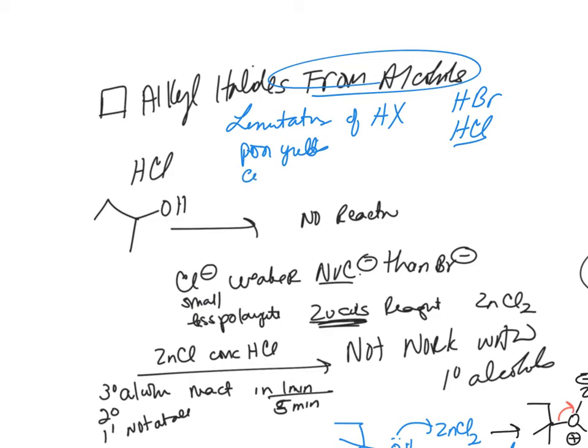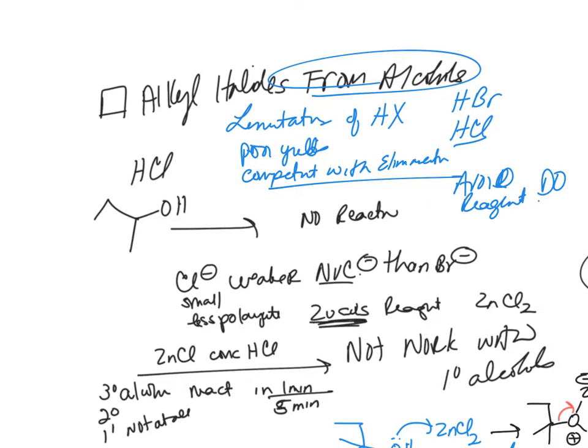Okay, and you also have competition with elimination reaction. So if you can avoid this reaction, these mechanisms, if you can avoid these reagents, then do. Okay, and I'm going to tell you how to avoid it. So I'm going to tell you to use phosphorus halides.